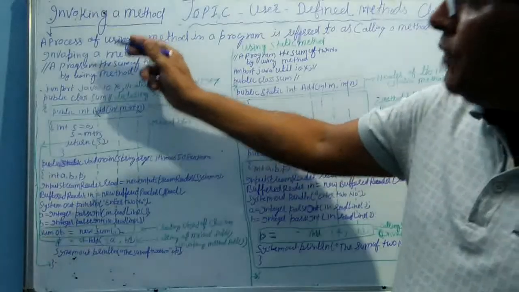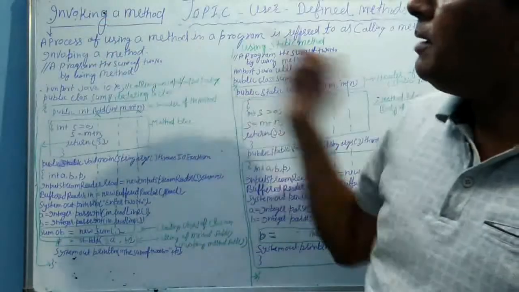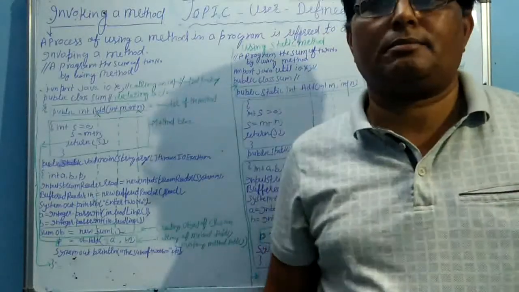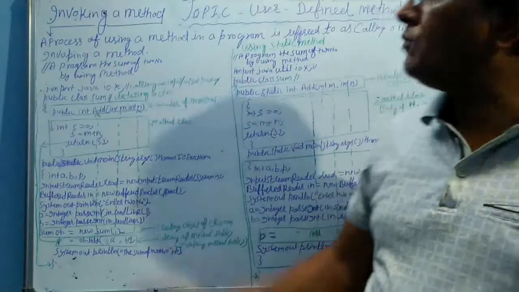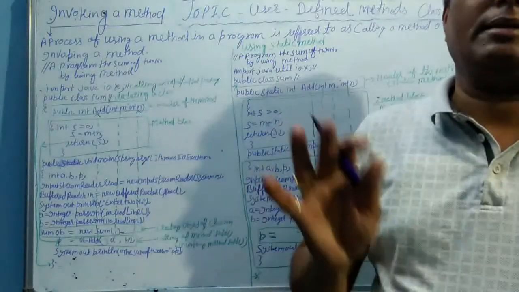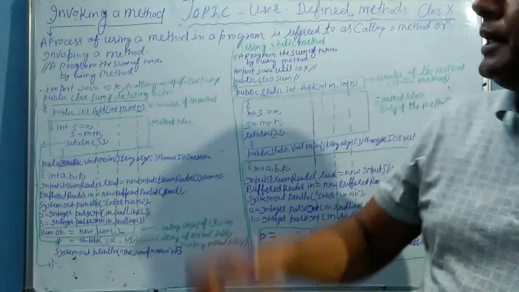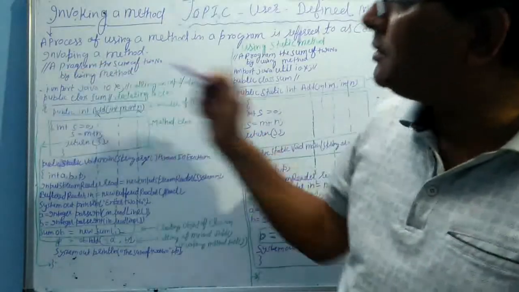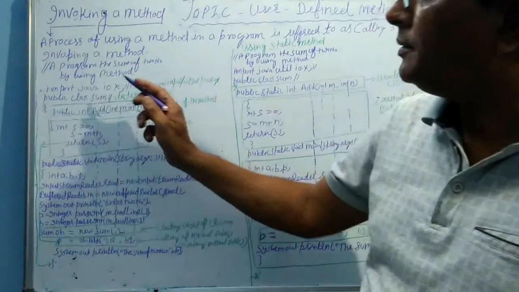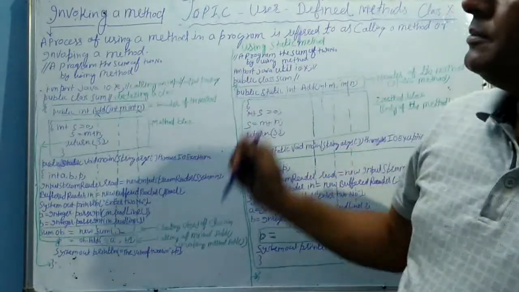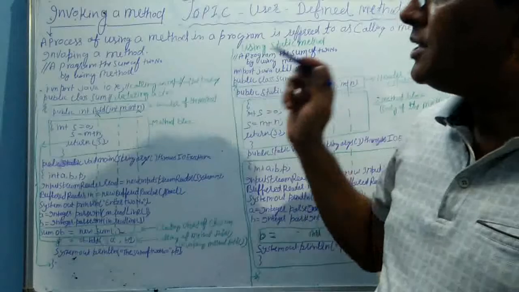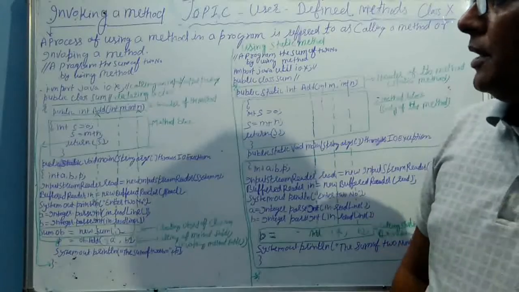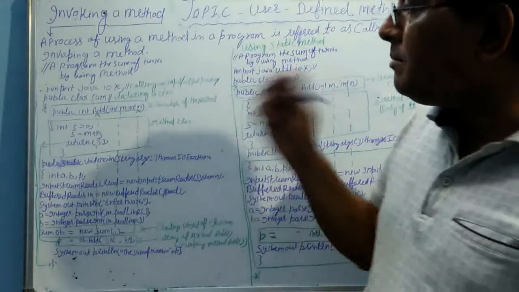Now there is one program for invoking methods. Suppose we have to make one program for addition of two numbers and we have to use the invoking method. So first of all, you define the program name as a remark. Then you import the Java package. Then you define the class. Clear? And now we have to define a header method.